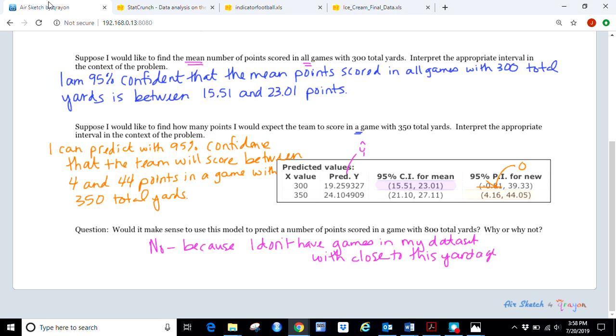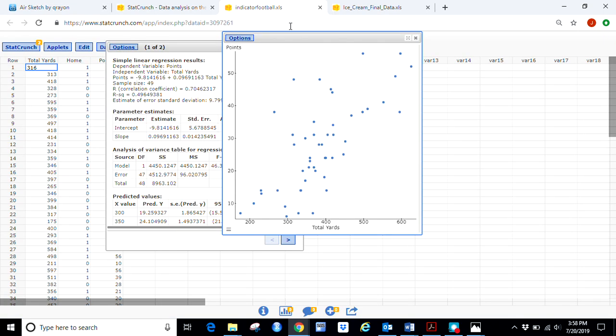Now, would I maybe feel okay with plugging in 700? I mean, maybe, because it's not too far outside of where I have data. It's sort of the idea of thinking about trying to predict sales at a company. I could probably predict sales the next couple years relatively accurately, but if I want to predict sales for 30 years down the road, I'm not going to be doing a very good job of that.